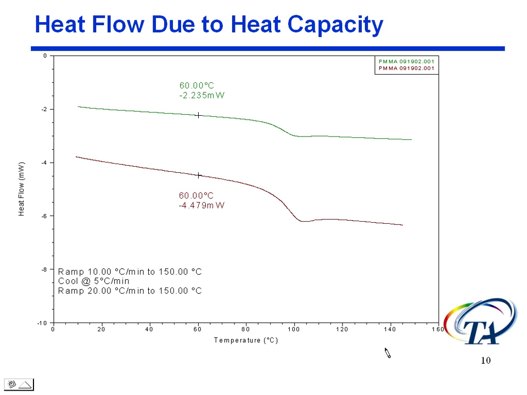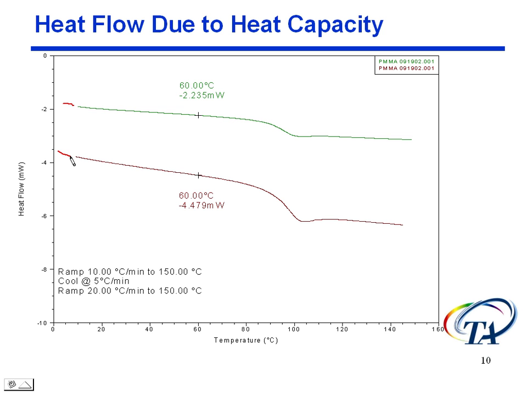Okay, now let's look at heat flow due to heat capacity. This is a sample of polymethyl methacrylate, PMMA, and I ran this experiment. I took a sample and heated it up at 10 degrees a minute, so that's this top curve. I cooled it down and heated it up at 20 degrees a minute, never taking it out of the cell.